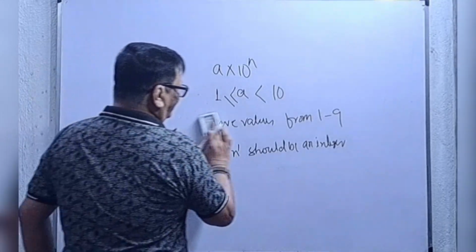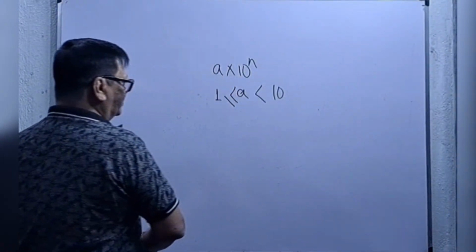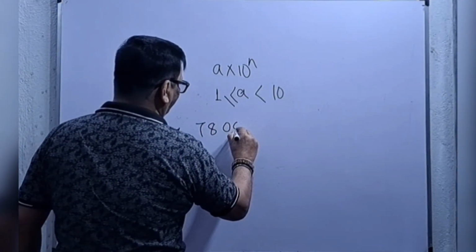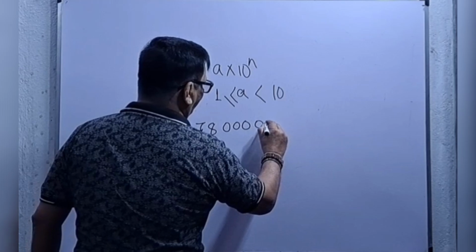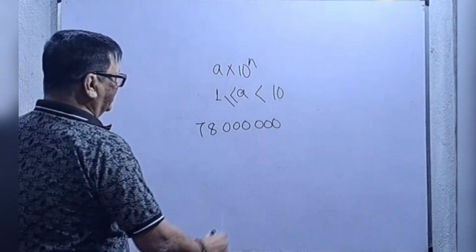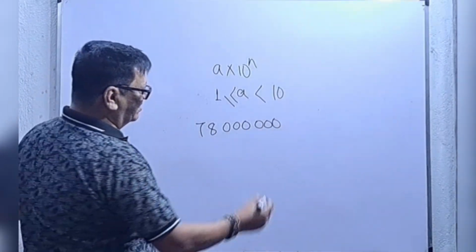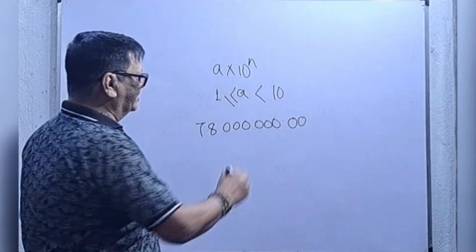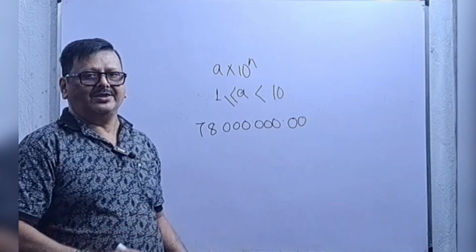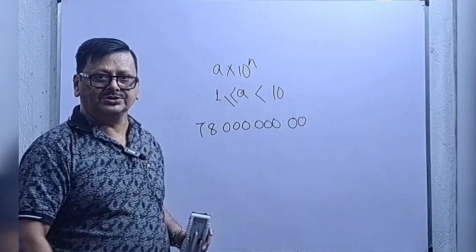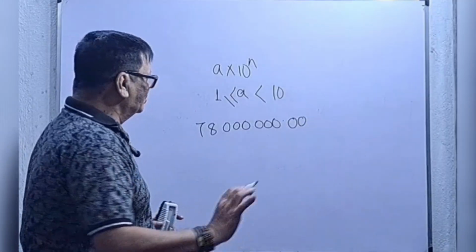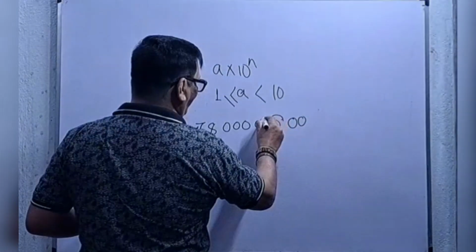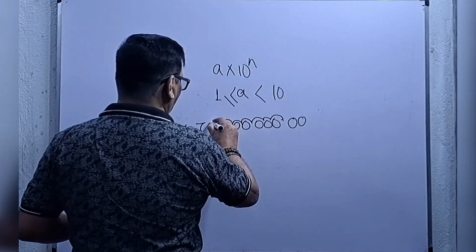Let us see. Suppose you got a number like 7, 8, 0, 0, 0, 0. Now see, there is no decimal point visible, but there is, after the last zero. Any zeros written after the decimal point carry no meaning. You can add any number of zeros after the decimal point. So in a, we have to bring this decimal point to this place.